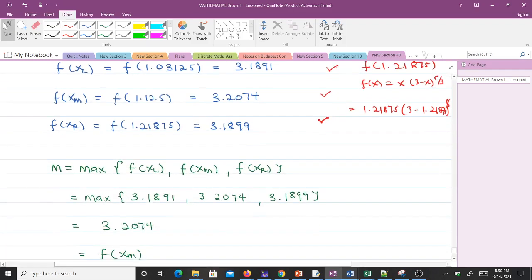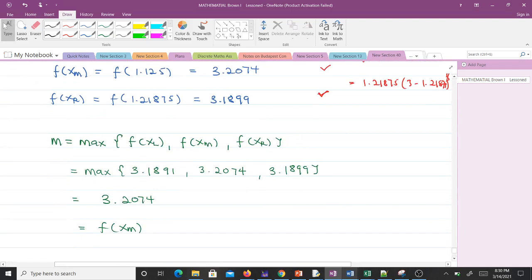So we then find the maximum of it. Alright. So the maximum of it will give us 3.2074, which corresponds to f of XM.